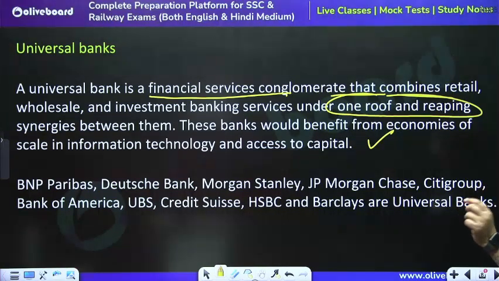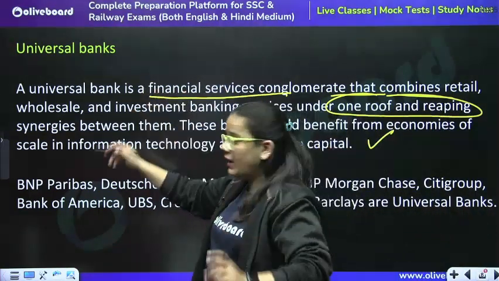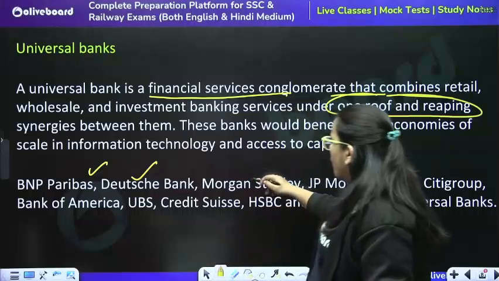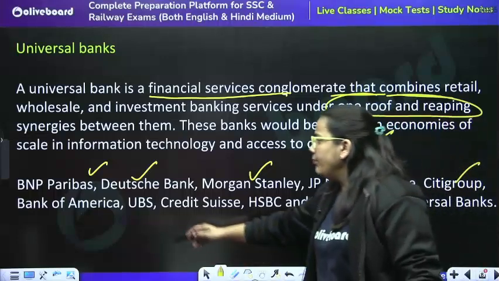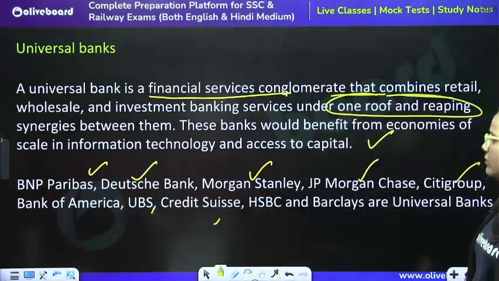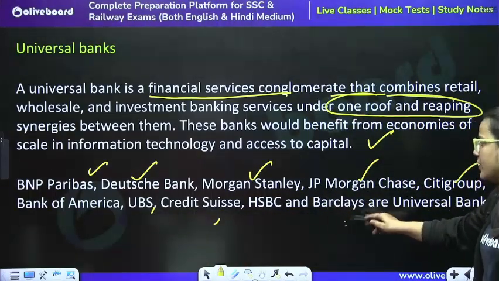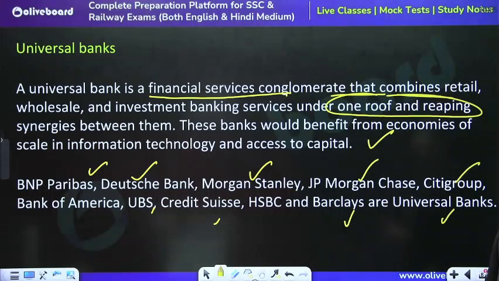BNP Paribas, Deutsche Bank, Morgan Stanley, JP Morgan Chase, Citigroup, Bank of America, UBS, Credit Suisse, HSBC and Barclays are some examples of universal banks.